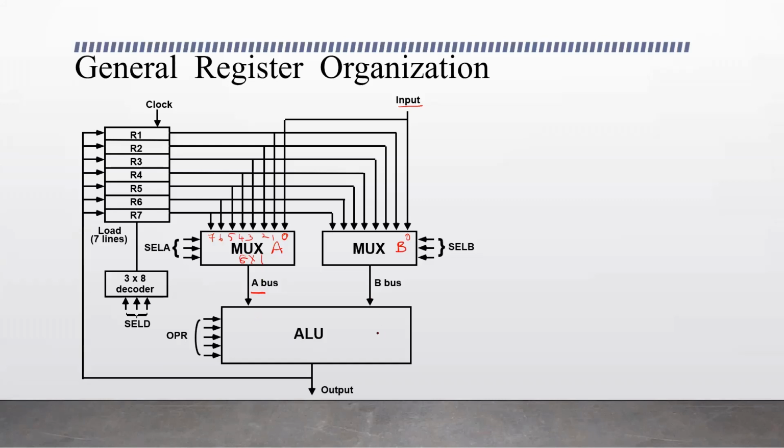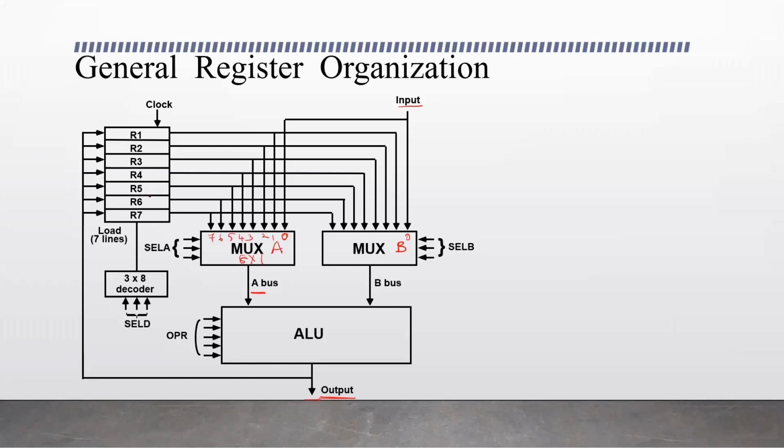The second input to the ALU is the content that is in bus B. It may be one of the registers or the external input. The ALU performs the given operation and produces the output. This output is the external output, which can be transferred directly to the external output device, or it is taken back to the registers. This output will be stored in the registers.